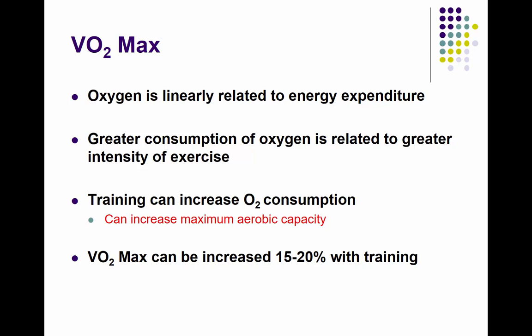That's why I explained the marathon runner versus untrained runner, they have different oxygen consumption and oxidative capacity. Usually training can increase the VO2 max by about 15 to 20%. All right. Any questions? Okay.